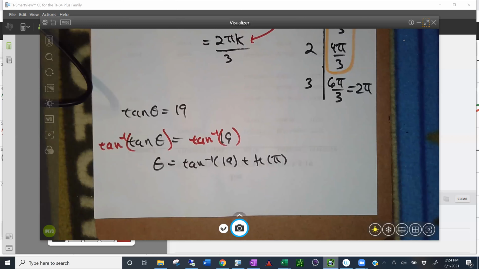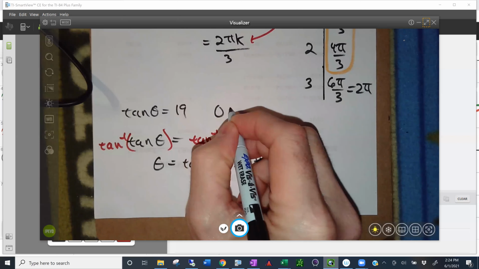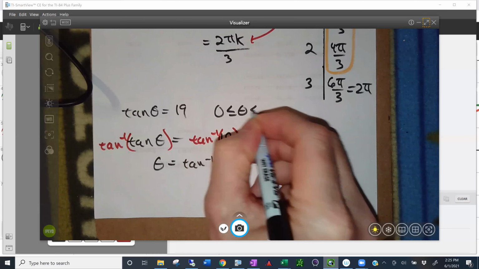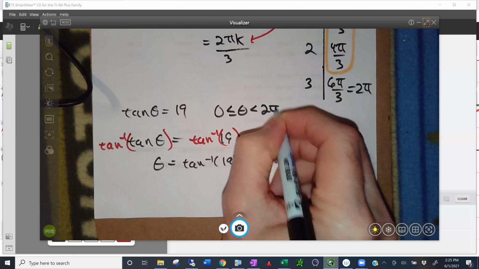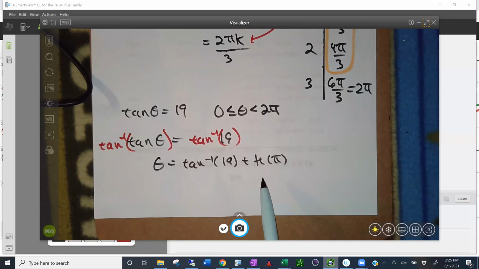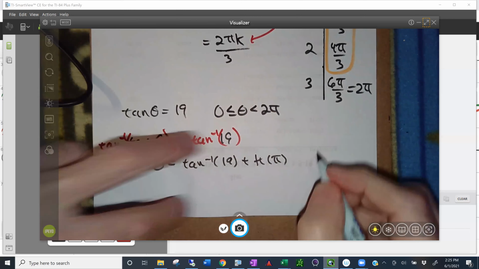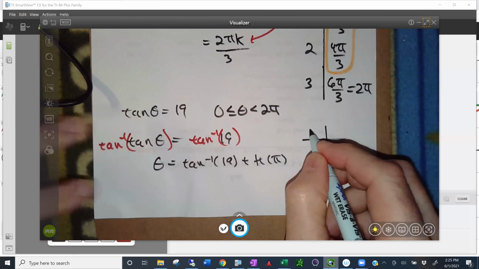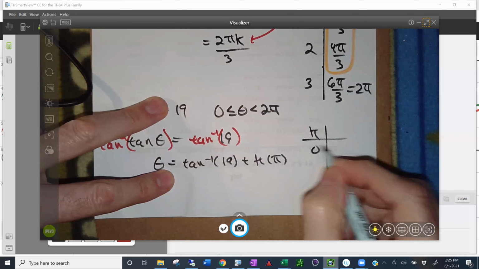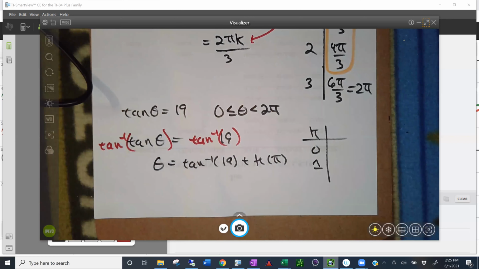Now, if we're trying to solve this in the interval 0 to 2 pi, the only other number we can use is 1. Yes, exactly. So for k, we could do 0 and 1. Those are the only two that are going to fit in this interval.